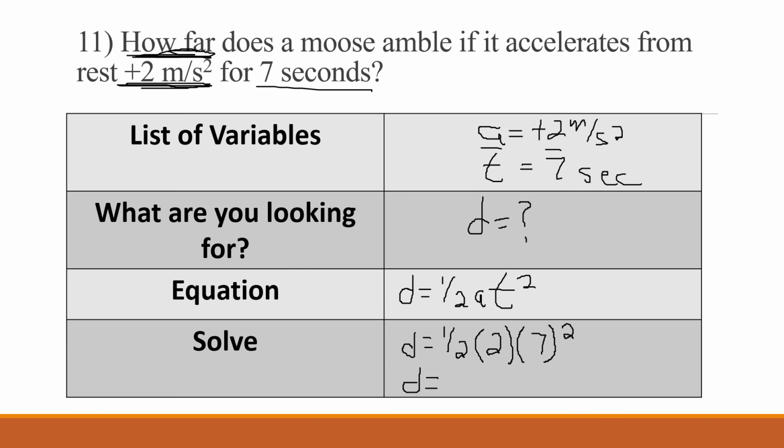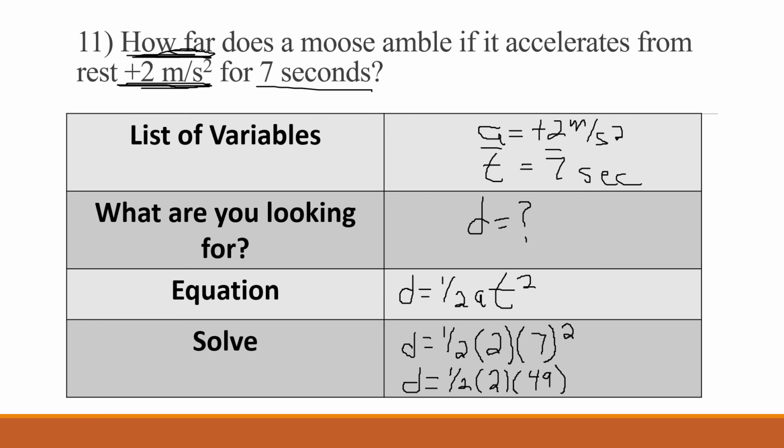Thank you, I almost forgot to write the squared. That is a common mistake that people make, they forget to write the squared, and then they don't get the right answer. I'm going to bring everything else down except for the exponent. 7 times 7 is 49. So I have 1/2 of 2 times 49.